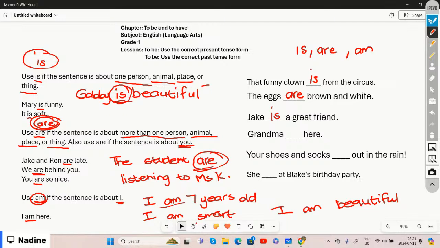All right, if we're going on to the next one, and then we can say grandma, referring to one person, which is grandma. Do we say grandma is here? Do we say grandma are here? Or do we say grandma am here?